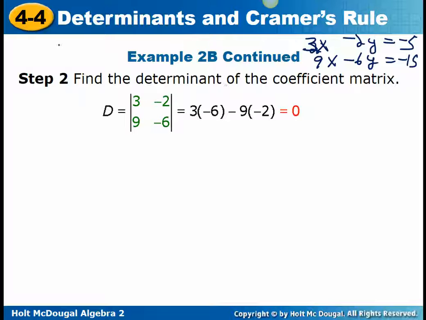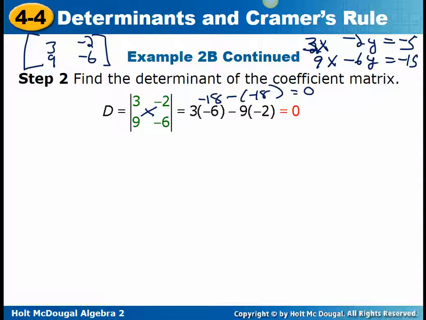So our coefficient matrix would be 3, 9, the x coefficients, and then negative 2, negative 6. We find the determinant by taking 3 times negative 6, which is negative 18, minus 9 times negative 2, which is negative 18 as well. So negative 18 plus 18 is 0.